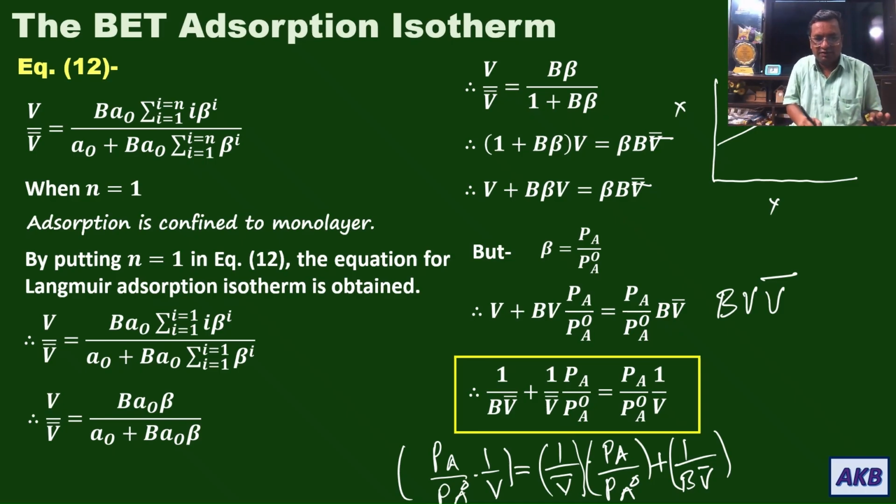So in this way, when you put n equal to 1 in this equation, the equation gets transformed to the Langmuir adsorption isotherm. With this, I end my discussion of the Brunauer-Emmett-Teller (BET) adsorption isotherm. I have told you how to get the equation for the BET adsorption isotherm, and then how from this equation you can get the equation for the Langmuir adsorption isotherm.